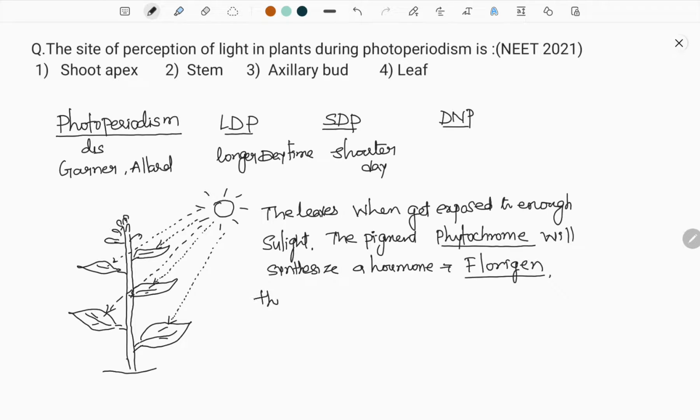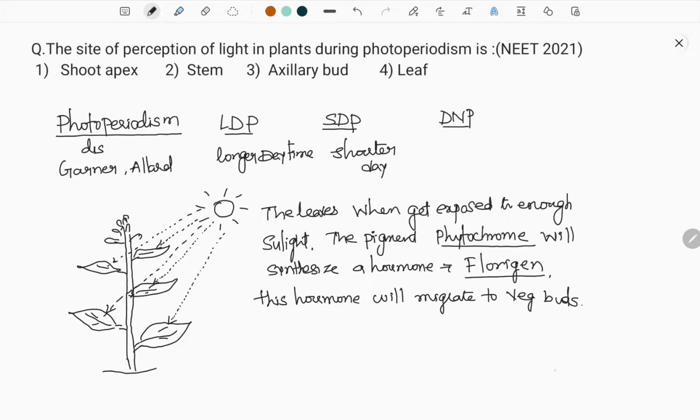And this hormone, which is synthesized in the leaves, will now migrate to the vegetative buds. Remember, every plant has two stages in its life cycle: the vegetative stage and the reproductive stage. During the vegetative stage, the plant does not form any flowers.